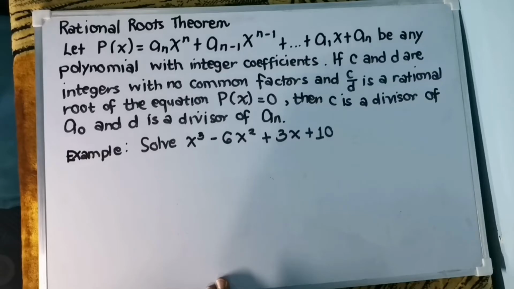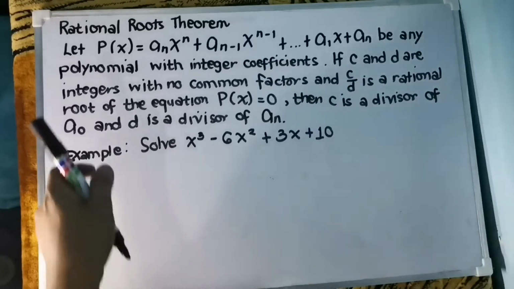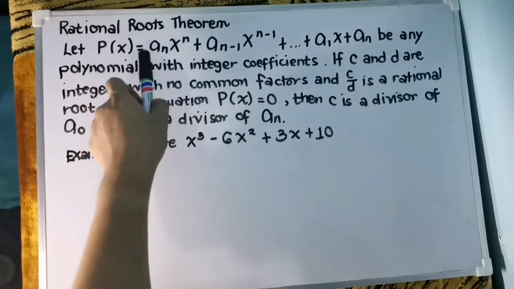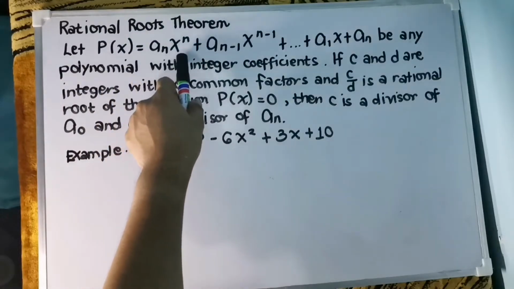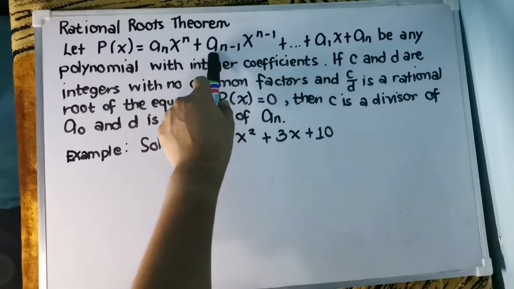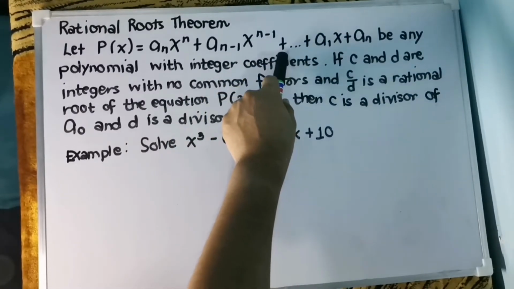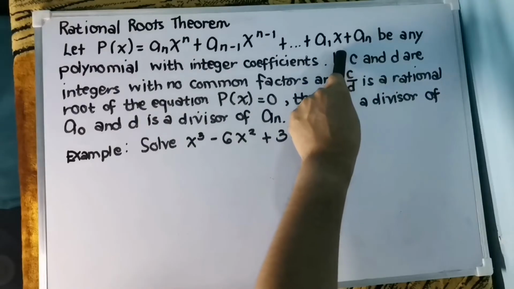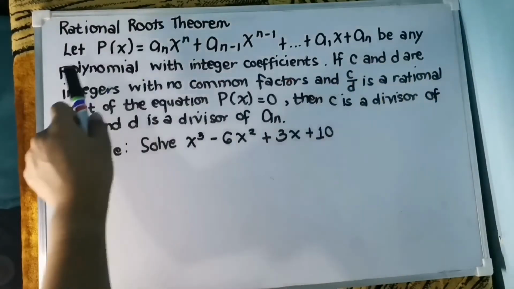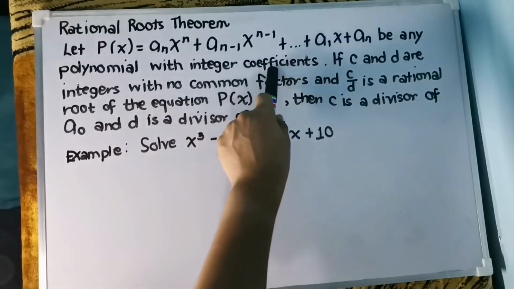So for today's video lesson, I will be discussing how to solve the zeros of the given polynomials using the Rational Root Theorem. It states that let p of x equals a sub n x raised to n plus a sub n minus 1 x raised to n minus 1 plus ellipsis plus a sub 1 x plus a sub 0 be any polynomial with integer coefficients.